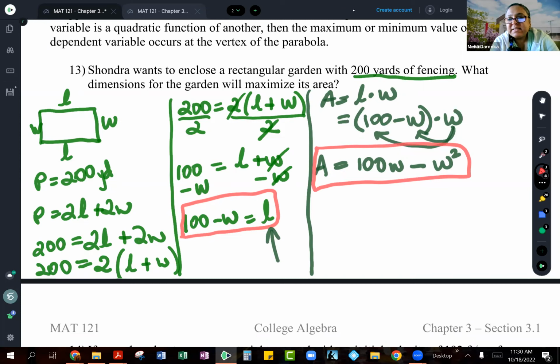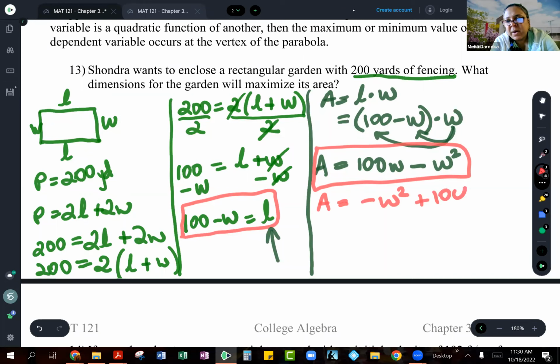And based on this, we can now find what the vertex of our parabola is going to be. So for finding the vertex, and if you wanted to rewrite this in the standard form, you will bring the negative W squared in the front, and then the 100W will be positive.